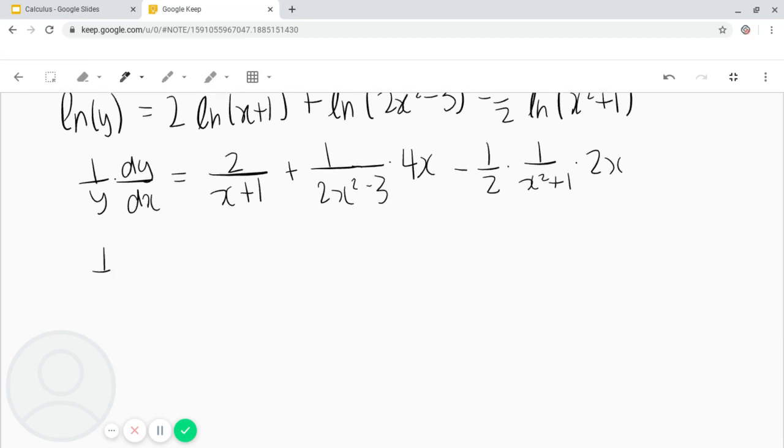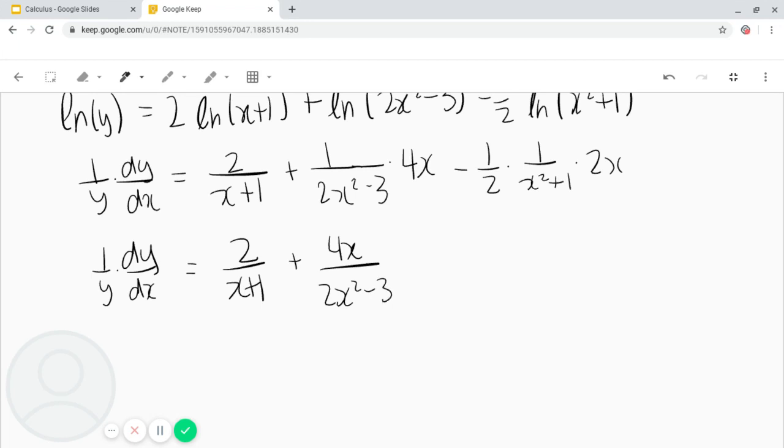So to simplify, 1 over y dy over dx equals 2 over x plus 1 plus 4x over 2x squared minus 3 minus x over x squared plus 1. Okay, that looks a bit better.